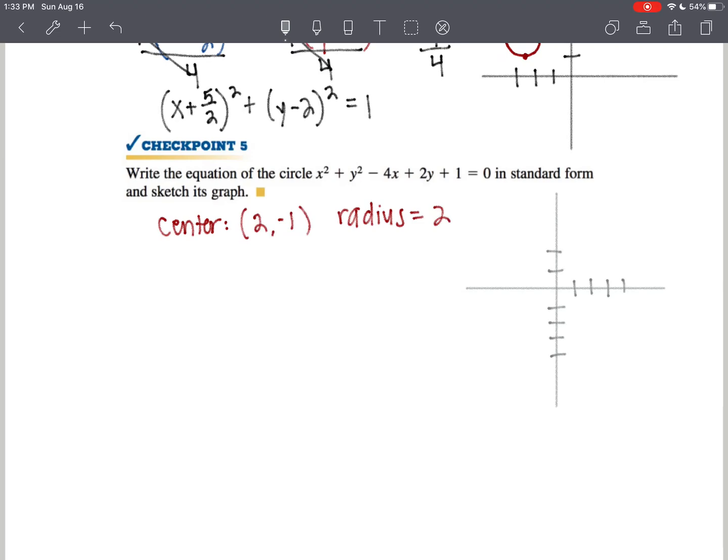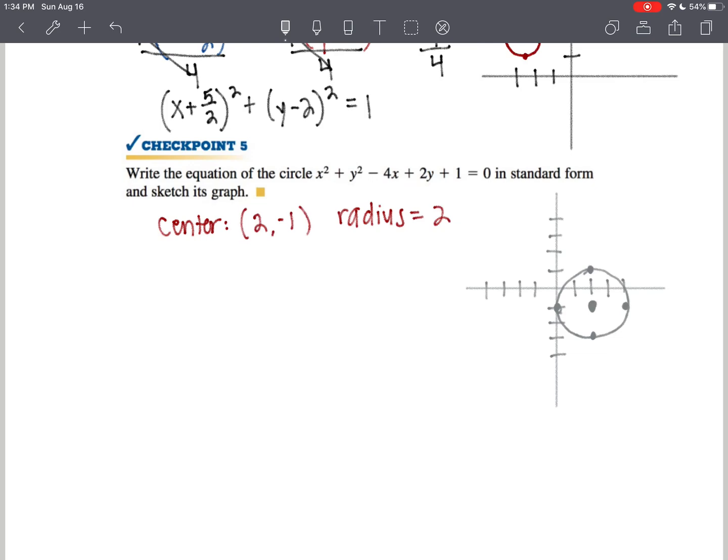I'm really going to make this one beautiful. Look at that. Okay, 2, -1, there's our center. And then our radius is 2, so up 2 from the center, down 2 from the center, left 2 from the center, right 2 from the center, and then connect those dots in a circle, and there's our circle.